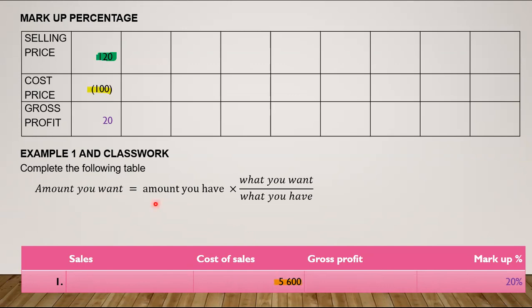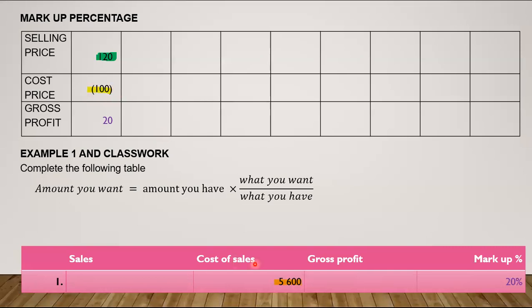So that is the amount we have. You multiply by the amount you want, by the percentage you want. We want this 120. You will definitely take this 5,600, multiply it by 120, and divide it by the percentage of what you have. What we have is cost of sales, and the percentage of cost of sales is 100.